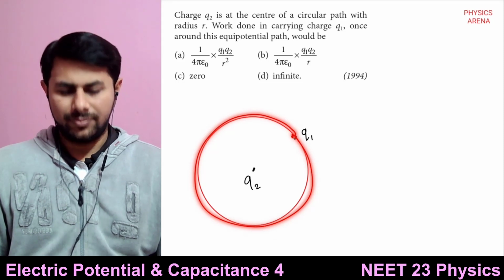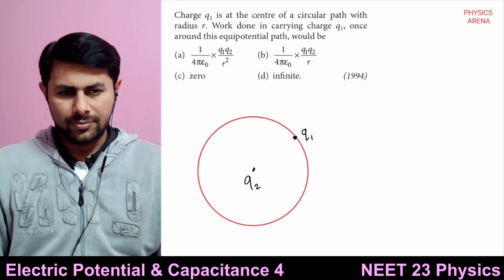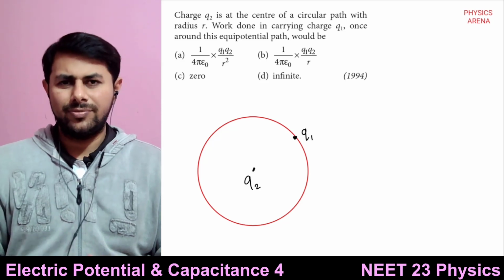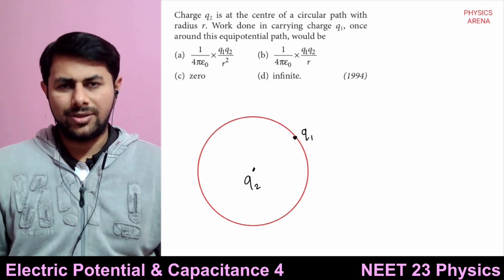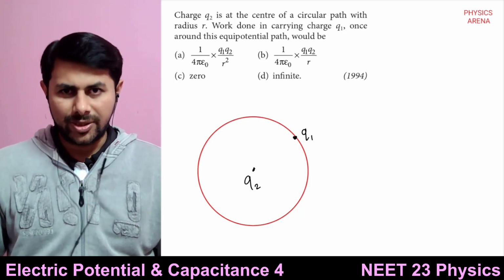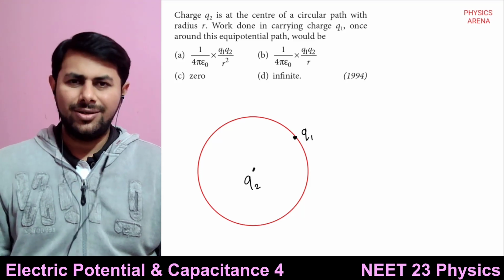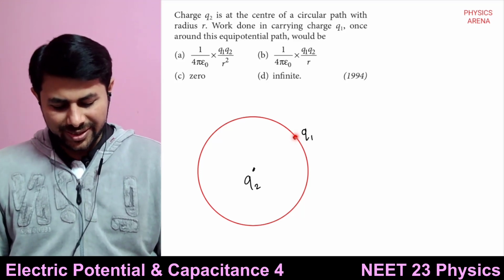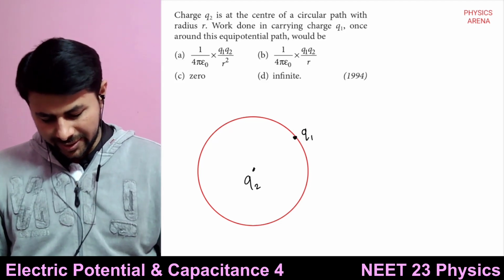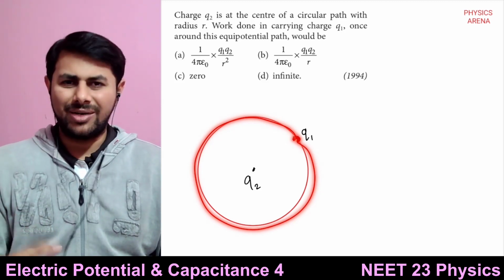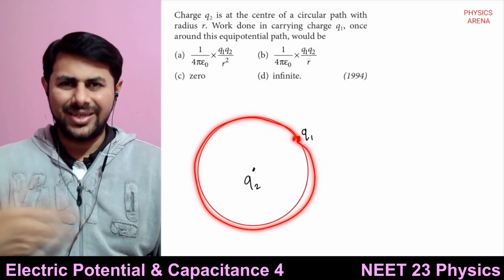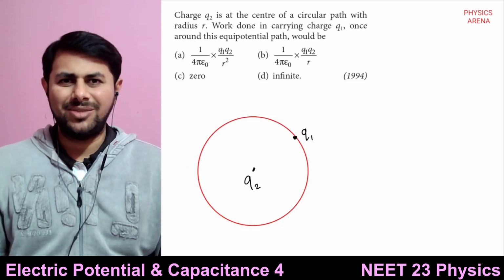How much would be the work done? Okay, so work done is 0. First thing is, this is an equipotential surface. No work is done to move a charge on an equipotential surface. And second thing is, you are moving this charge once round, which means you will come back to the same position. So no displacement, no work done.